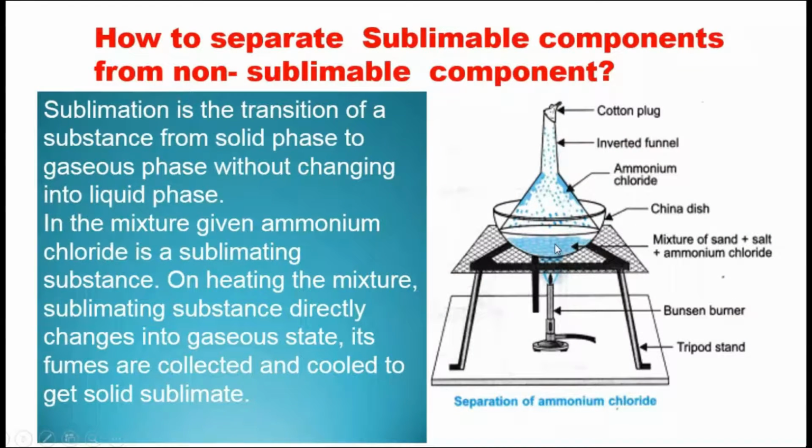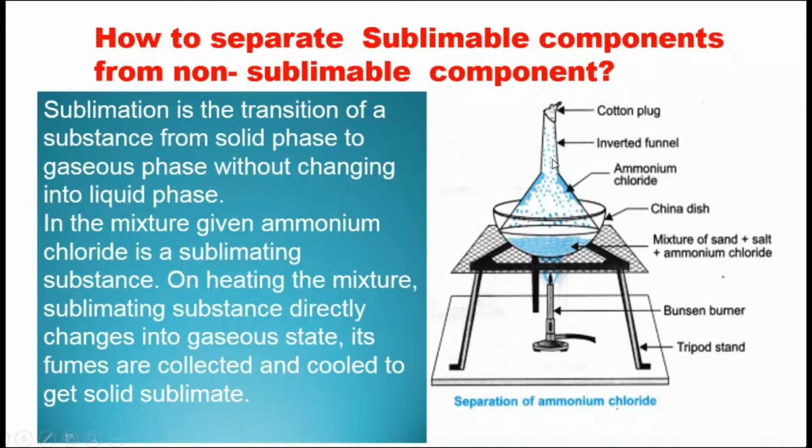Now as heat is supplied, since sand and salt do not evaporate, वो evaporate नहीं होंगे, लेकिन जब हम heat supply करेंगे, since ammonium chloride is a sublimable substance, it turns into gaseous state. और जब वो gaseous state में होते हैं और जब वो ऊपर funnel की तरफ जाते हैं तो वो cool down होके यहाँ पे side में stick हो जाते हैं and they cool down and solidify.